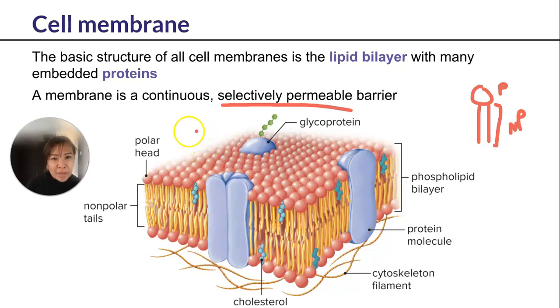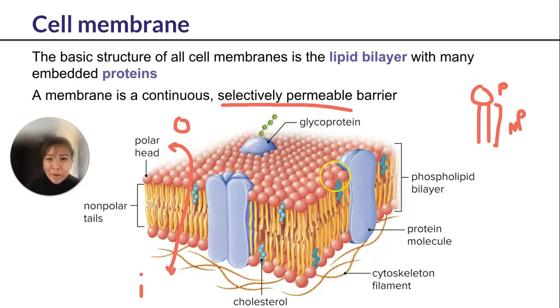Since there's cytoskeleton here, this is probably the inside, whereas this is the outside of the cell, the environment of the cell. Not everything can flow in and out of the cell, but small polar molecules can go in and out between the cell membrane. But for the most part, it allows us to have this barrier.